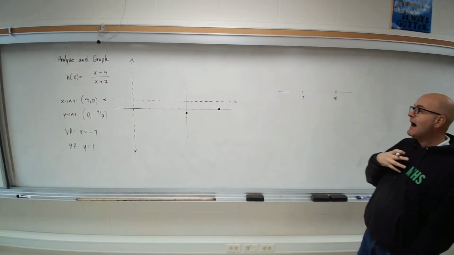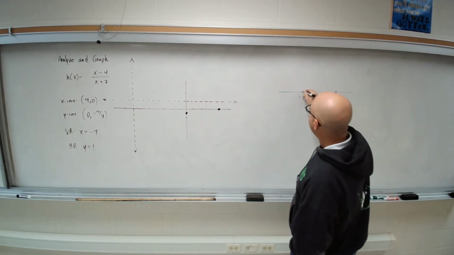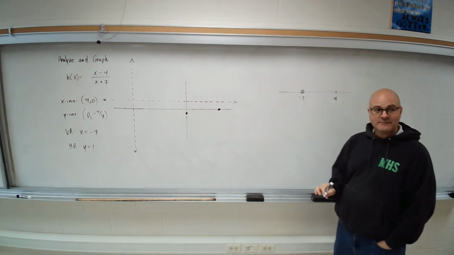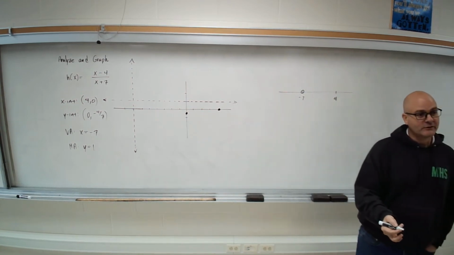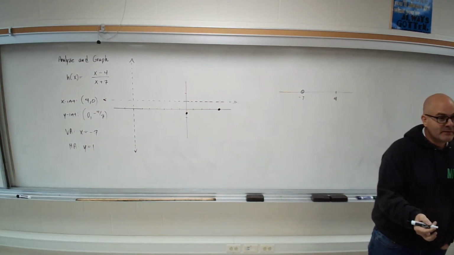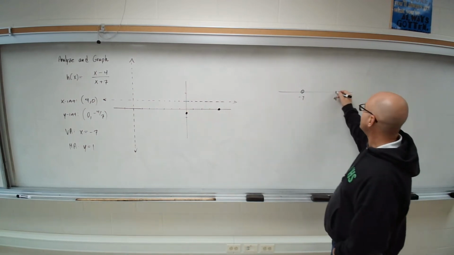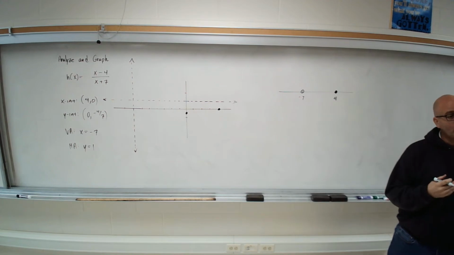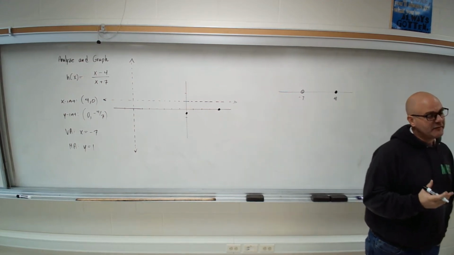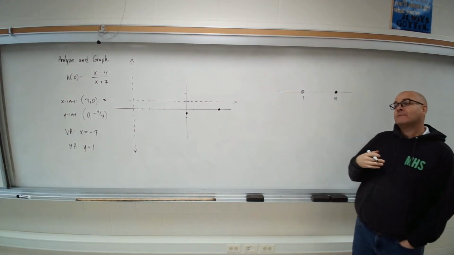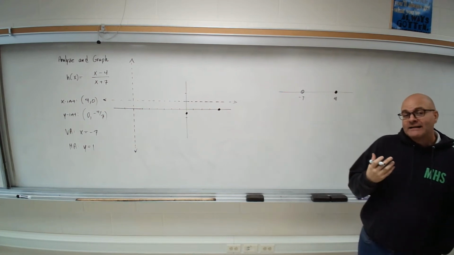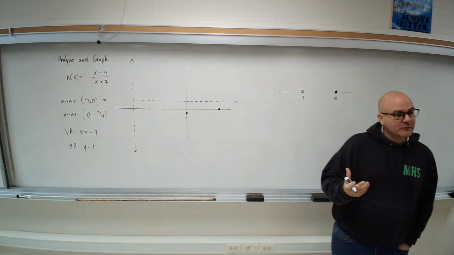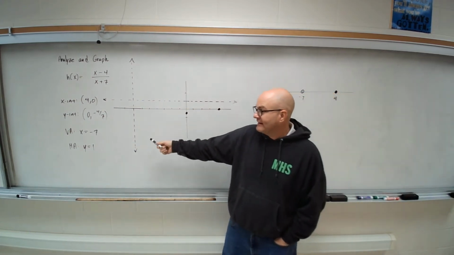Because I know negative 7 is a vertical asymptote, I'm going to put an open circle there to remind myself that there should never be a point there. 4 is actually a zero, so I'm going to put that there. And what we're going to take advantage of is the fact that rational functions are not continuous, because this has an infinite discontinuity.